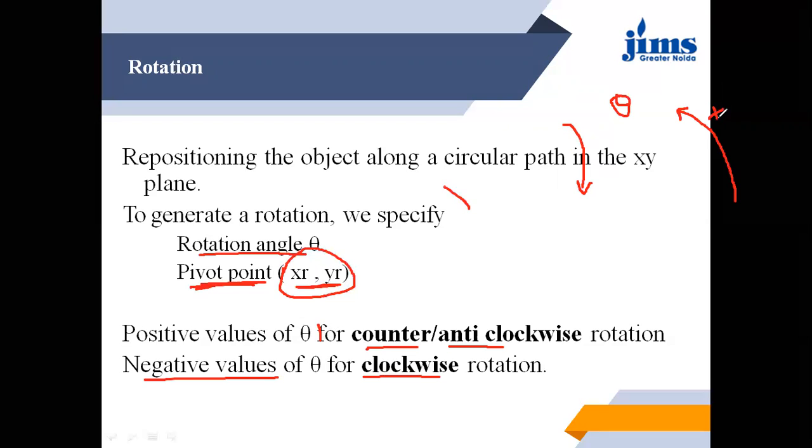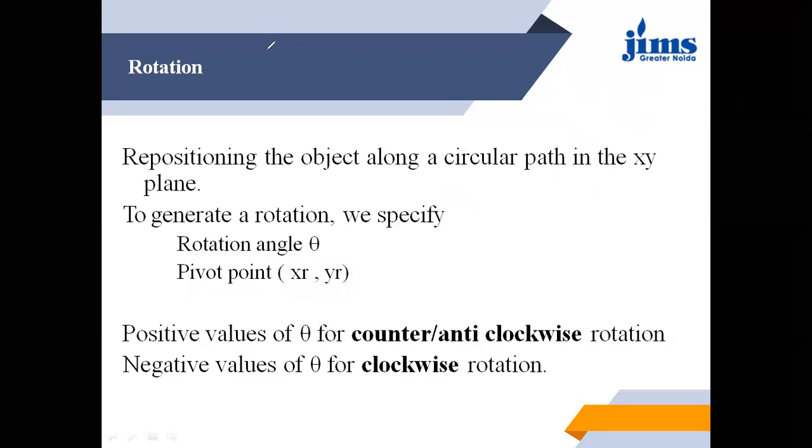So keep in mind that when we are rotating an object in clockwise direction, then theta is minus, and when we are rotating in anti-clockwise direction, then the value of theta is positive. This is also an important point to keep in mind.